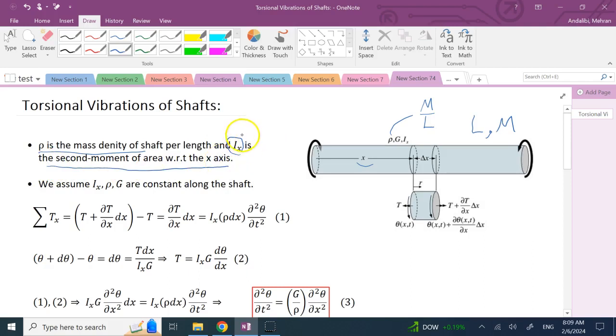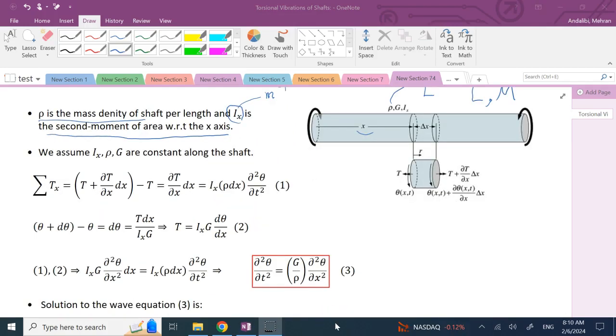The unit of this is meter to the 4 or inch to the 4. This is not the mass moment of inertia. We also have that one, and we're going to talk about it.